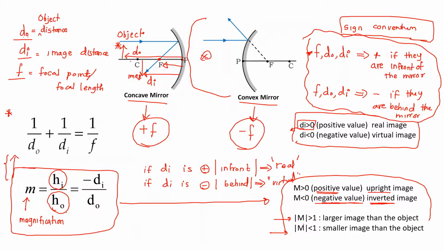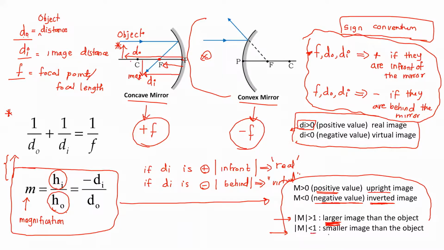So the other thing is, if you look at the magnitude, without the sign, if you just look at the value, if the magnitude is higher than 1, that means your image is larger. You have a bigger image. It is magnified, right? If it's higher than 1.